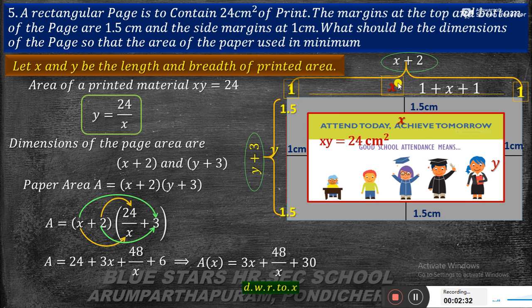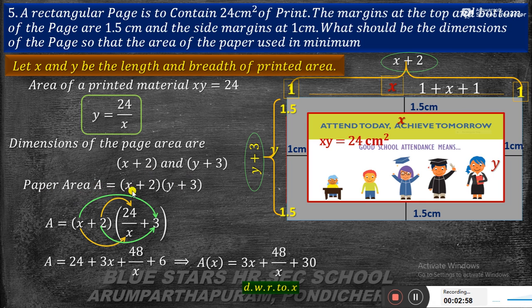The next, the vertical distance is y, so we add the extra 1.5 plus 1.5 to y, so y plus 3. Therefore x plus 2 and y plus 3.